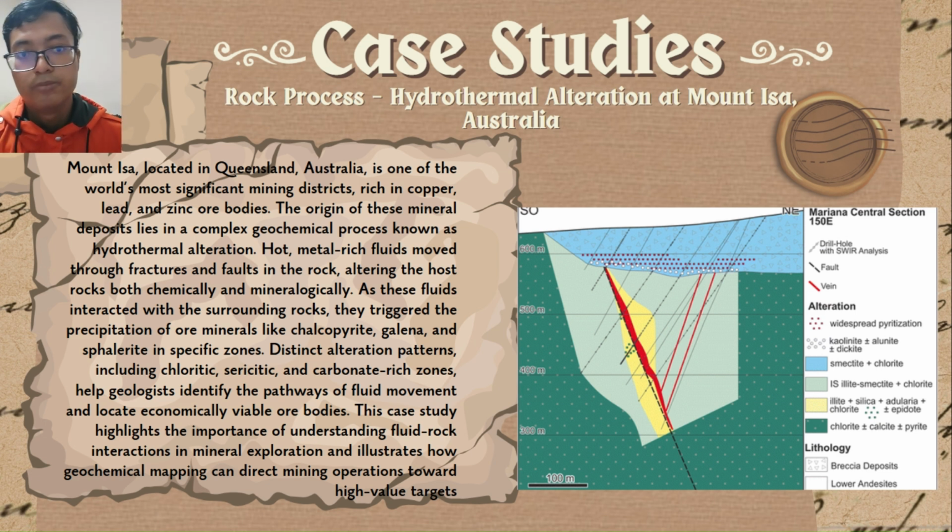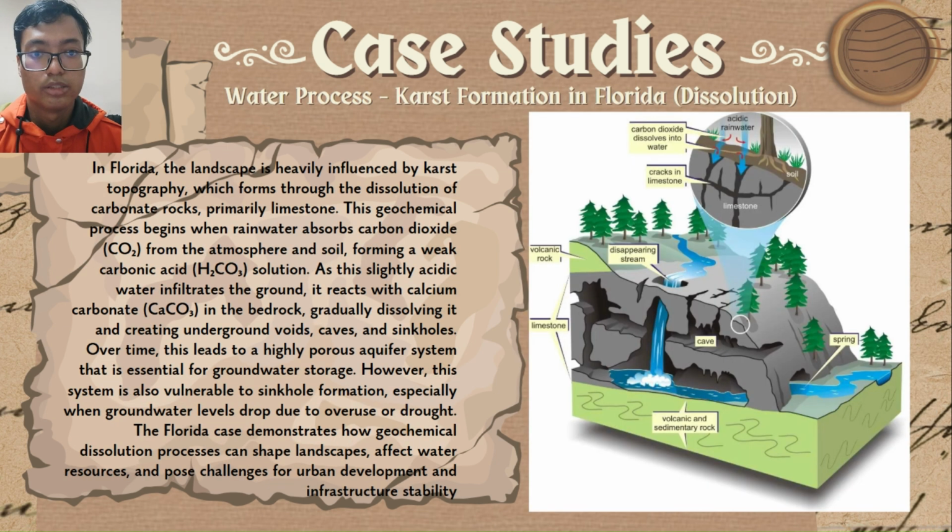And finally, the last case study in our presentation today is karst formation in Florida, through dissolution. In Florida, the landscape is heavily influenced by karst topography, which forms through dissolution of carbonate rocks, primarily limestone, of course.